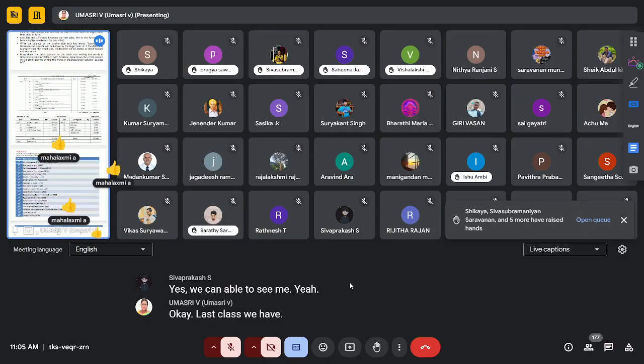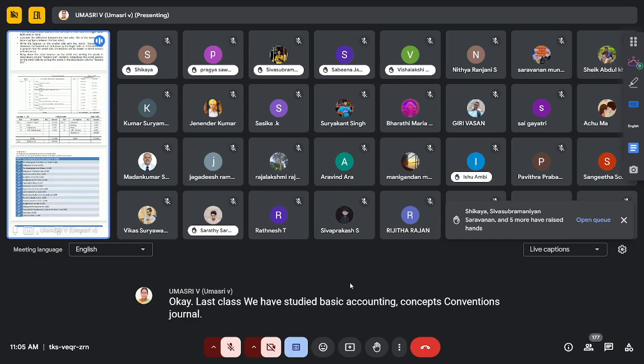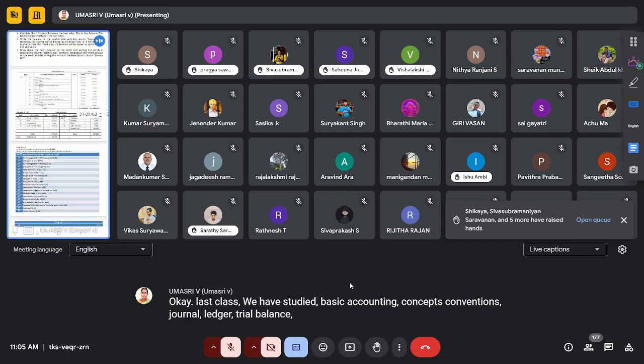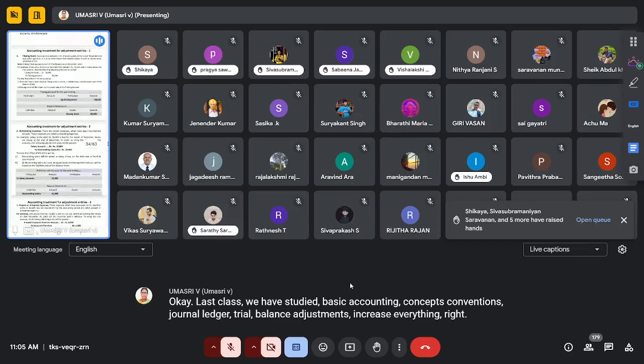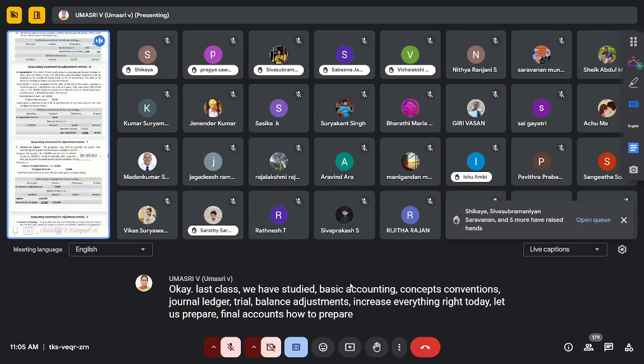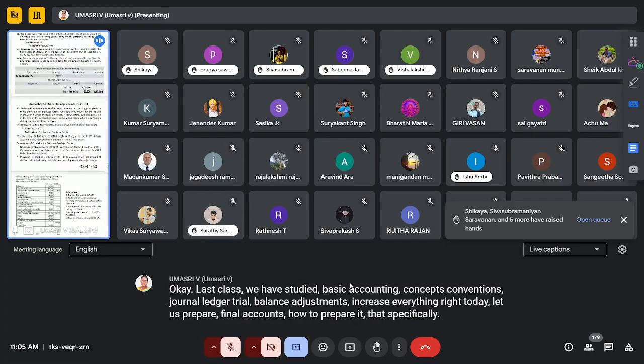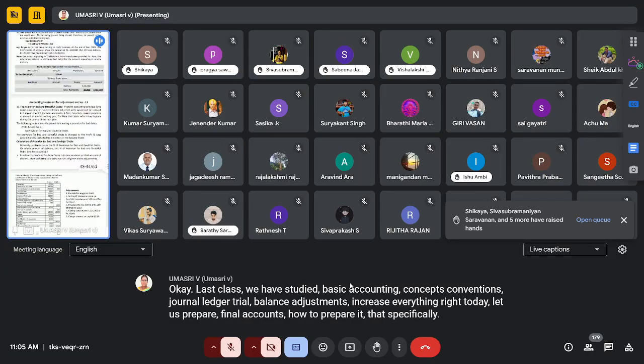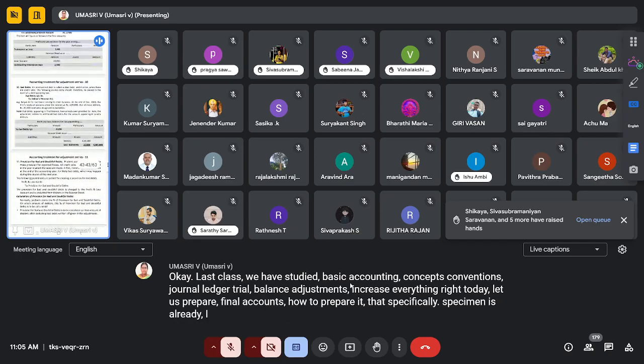Last class we have studied basic accounting concepts, conventions, journal, ledger, trial balance, adjustment entries, everything, right? Today let us prepare final accounts. How to prepare it? The specimen I have already shown.